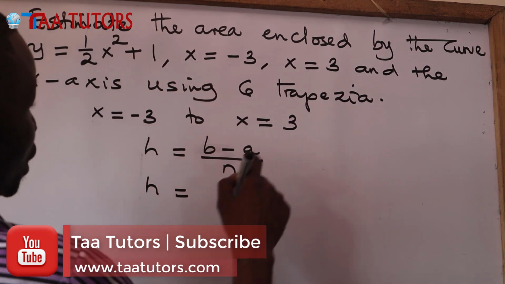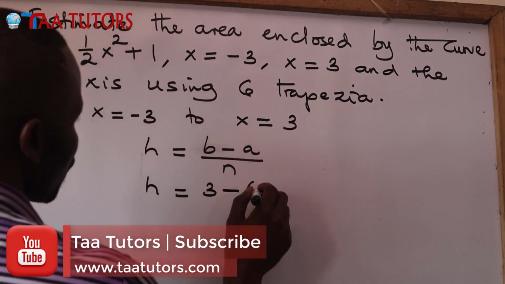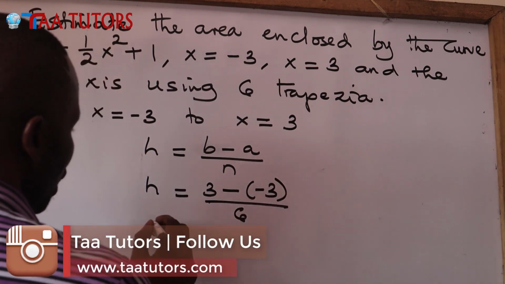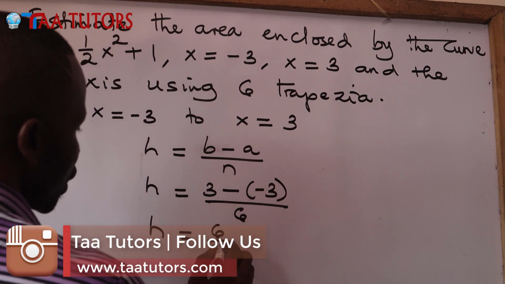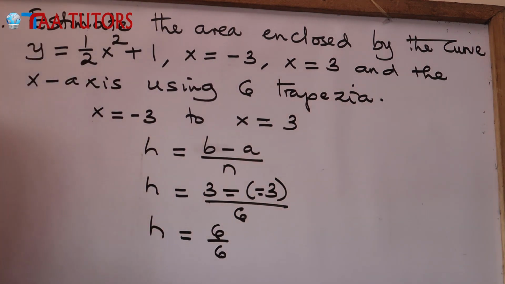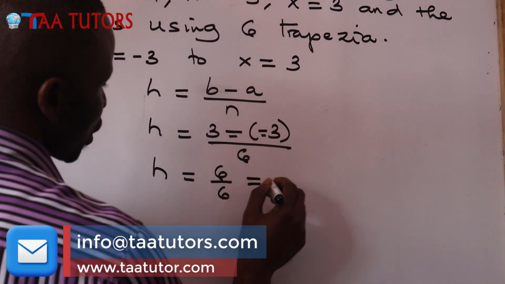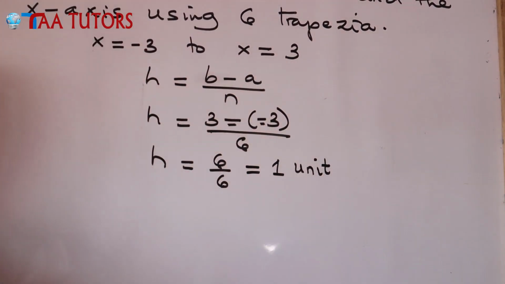So b in this case is 3 minus a, which is negative 3, divided by 6. So h here equals 6 over 6, because negative minus negative is positive. This is 1. So the height is 1 unit.